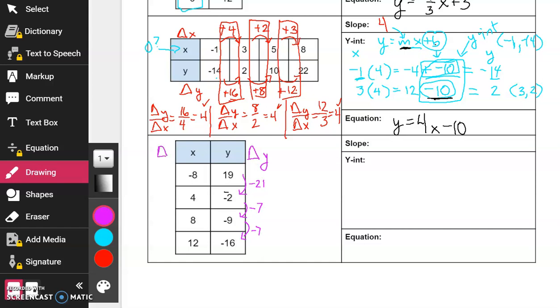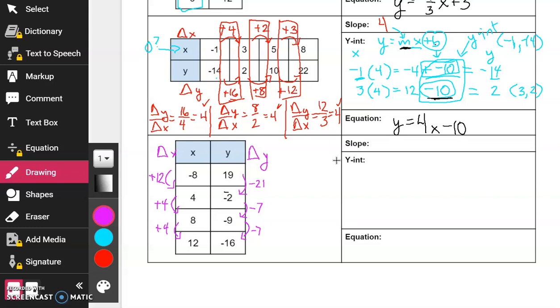Okay, change in x. -8 all the way to +4. So I have to climb 8 and then climb 4 more. That's going to be +12. 4 to 8, 4 plus 4 gets me 8, and then 8 plus 4 gets me to 12.